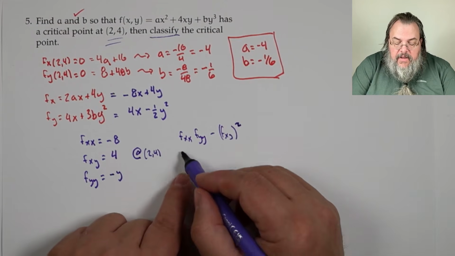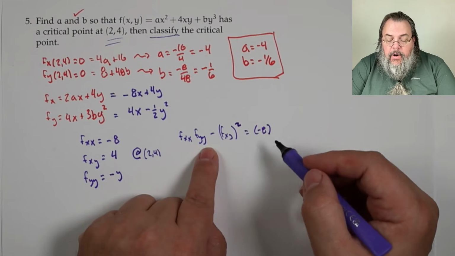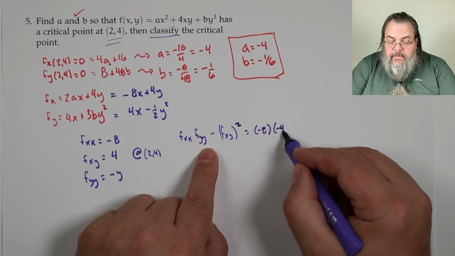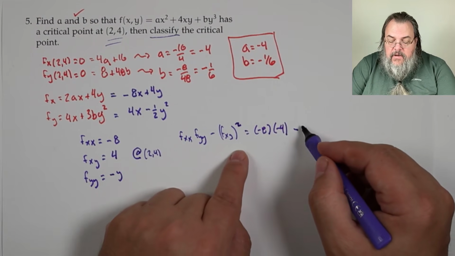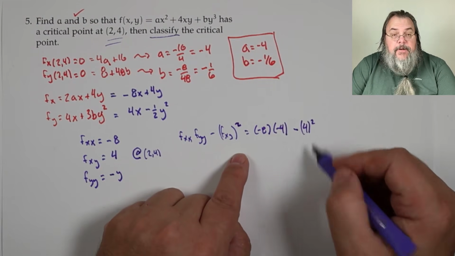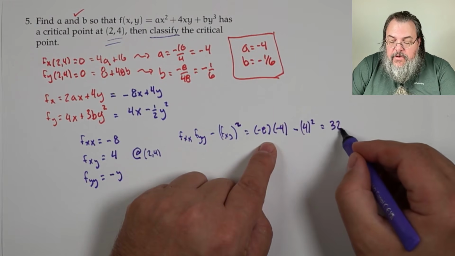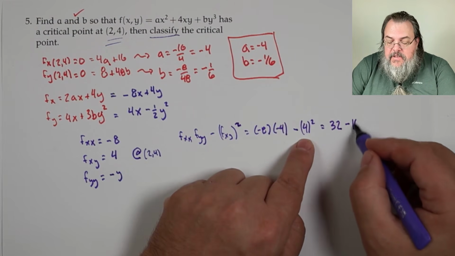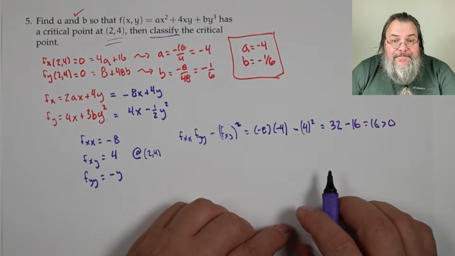Well, fxx is negative 8, fyy is negative 4. And then we're subtracting this quantity 4 squared. Negative 8 times negative 4, 32. 4 squared, 16. 32 minus 16 is 16. Key is it's positive.